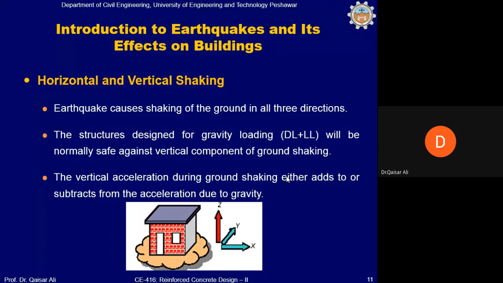These three components are X, Y, and Z. X and Y are in plane, and Z is a vertical component. So X and Y will cause horizontal shaking, and the Z component will cause vertical shaking of the structure.